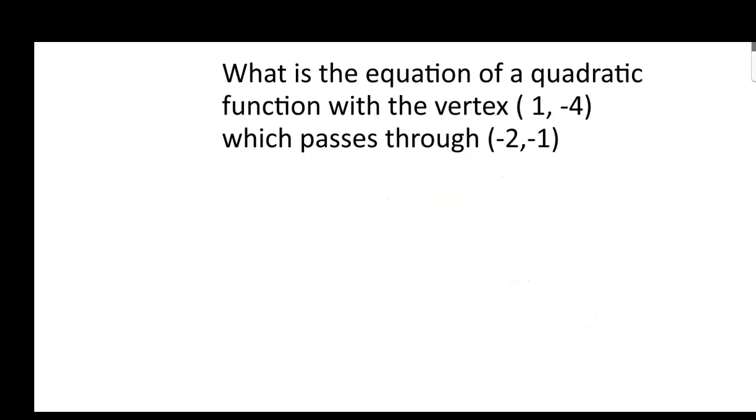Let's look at this one. They're kind of a little bit unique because we have been given the vertex and then you also have to go through another point. And that point is here. And how do we write that? So first of all, let's use this one to get our function as we have been writing.